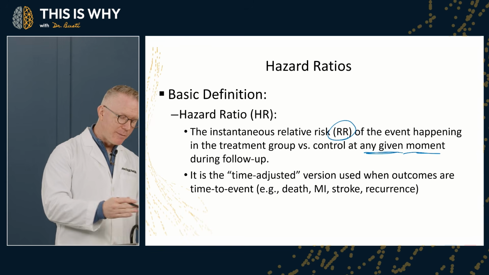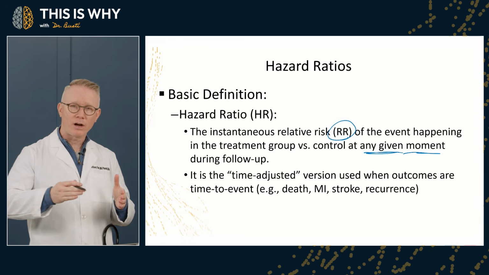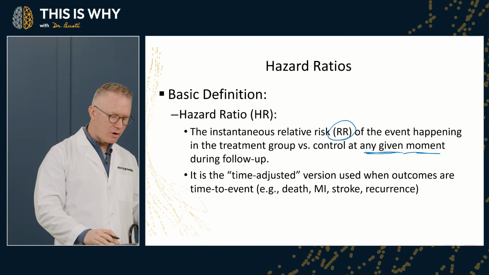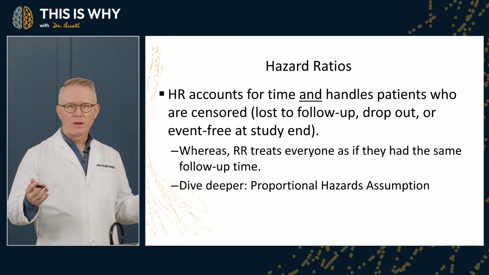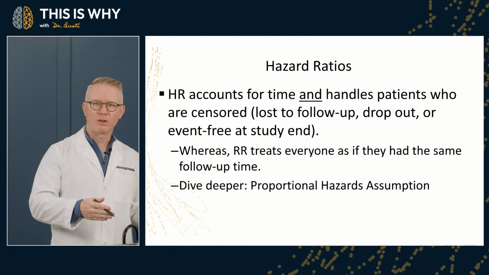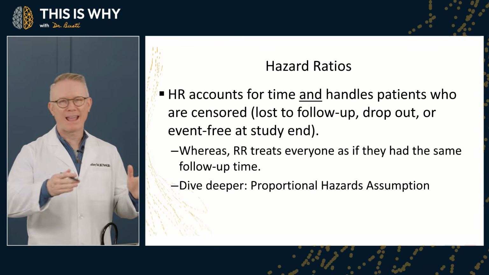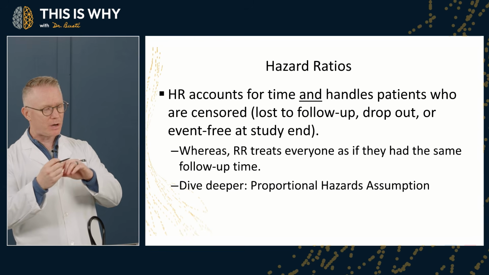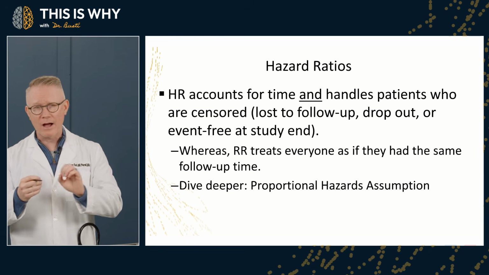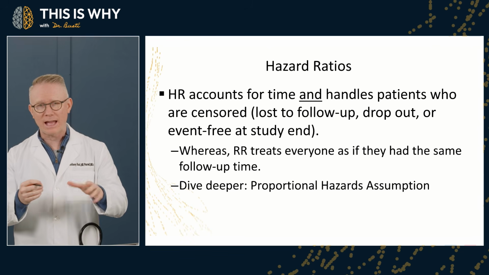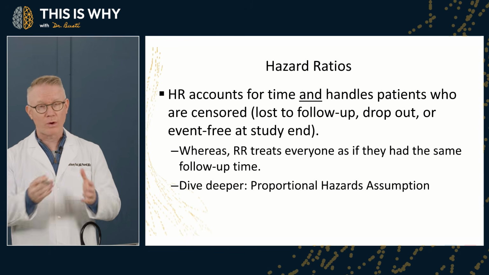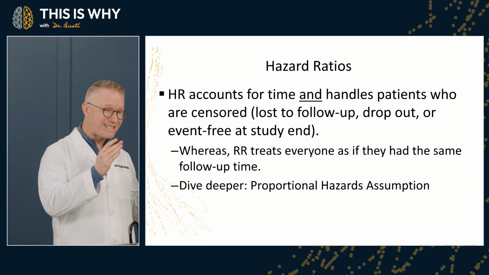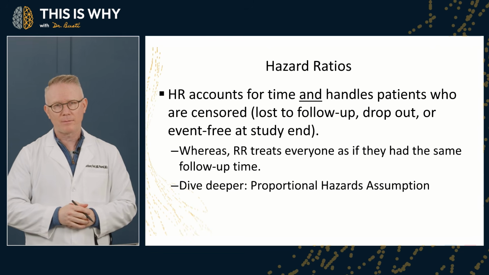But if you want that time adjusted, where the outcomes are time to an event, death, like MI, stroke, reoccurrence of something, well, that's what the hazard ratio does. It accounts for the time and also handles the patients who are censored, which means they were lost to follow-up, dropouts, or event-free at the study end. Okay, well, relative risk treats everyone as if they had the same follow-up time.